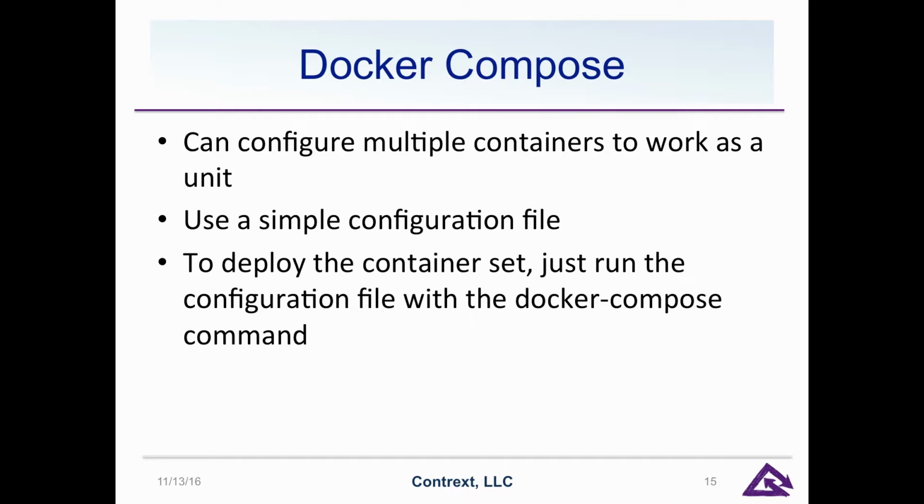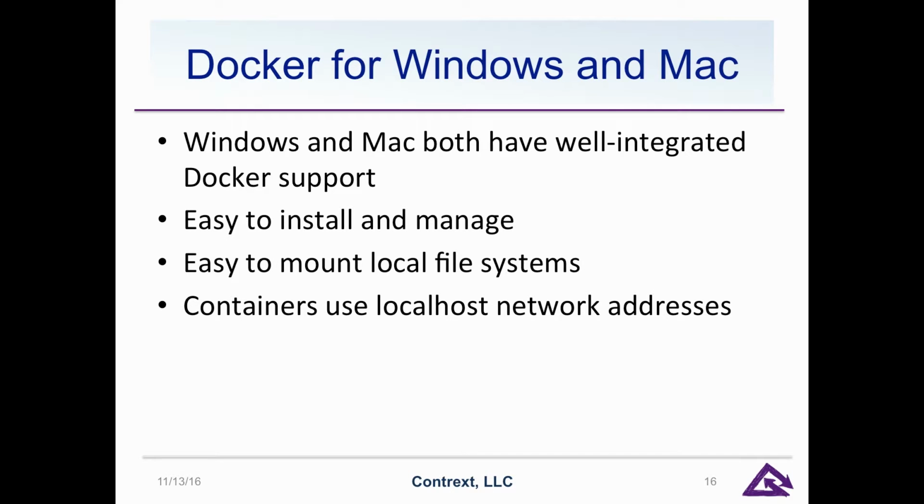This also allows containers to talk to each other over the network using their container names. You don't have to configure IP addresses or anything. And then you just have this one command, Docker Compose, runs it, and assuming that everything's configured correctly, it just works.